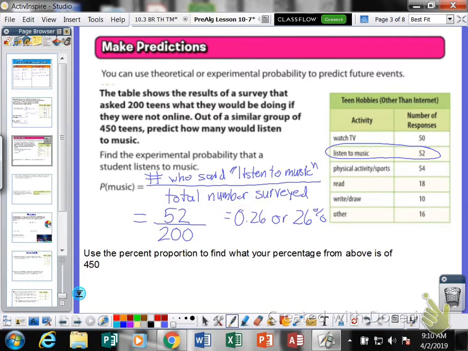Okay, so using that information, we want to predict how many students out of a similar group of 450 teens would listen to music. We can use our percent proportion to find 26% of 450.